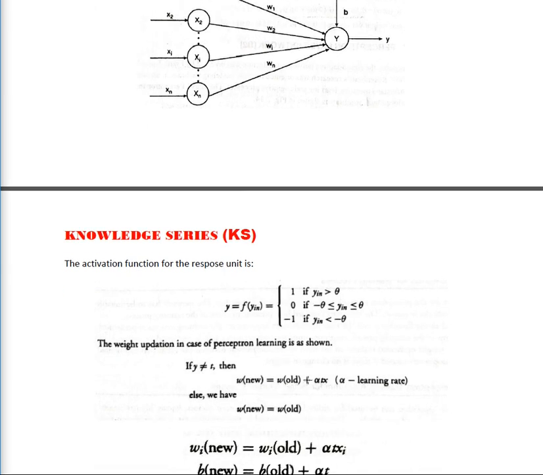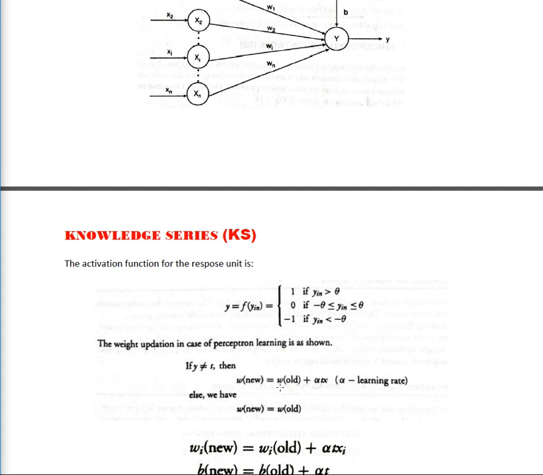Another is the target, whether the target is being attained or not. So based on alpha, t and the input x value, we are able to create w new, and this w is the old weight.